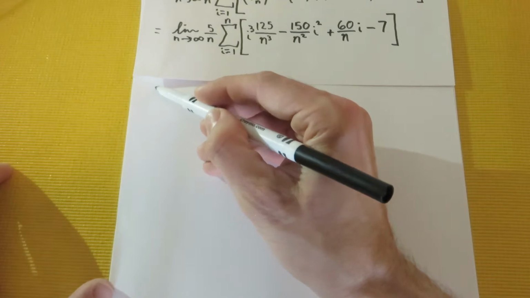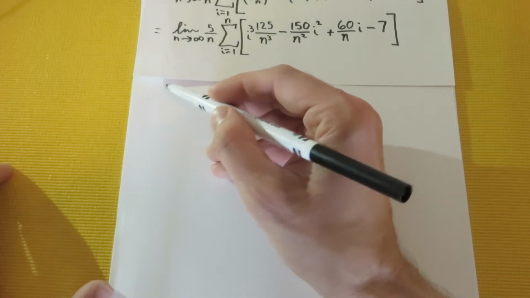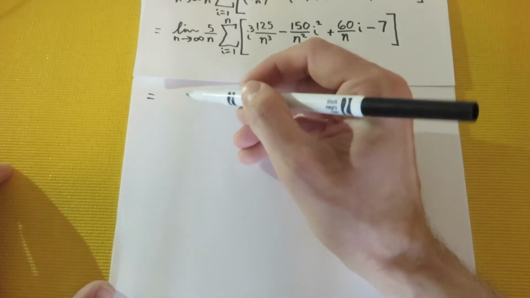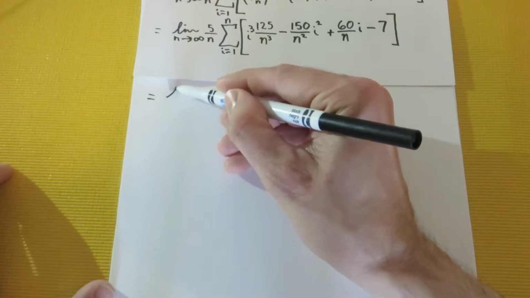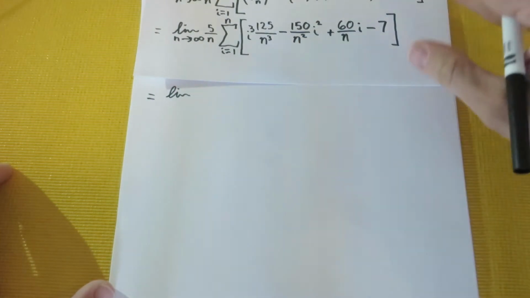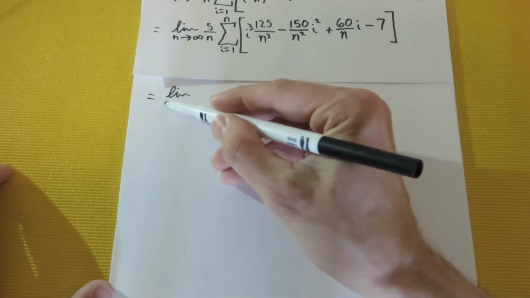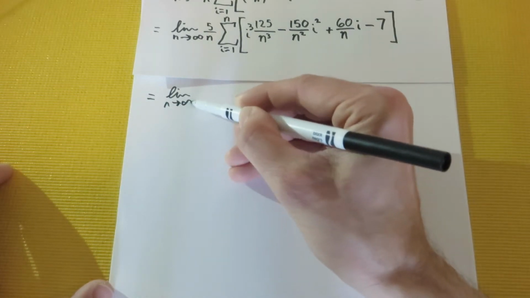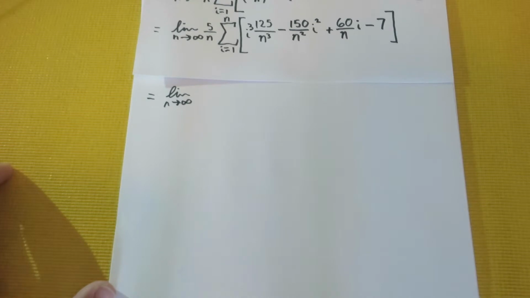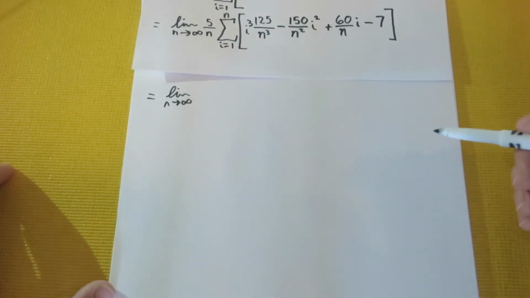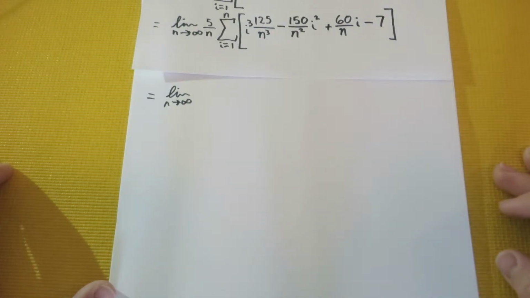And this is going to equal the limit as n approaches infinity. Always make sure to write your limit every time so that we can remind ourselves what we're working with. This is one of the mistakes of beginning calculus students, is that sometimes you might forget to write the limit, and then halfway through the problem you might forget what your goal is or what you're working with.